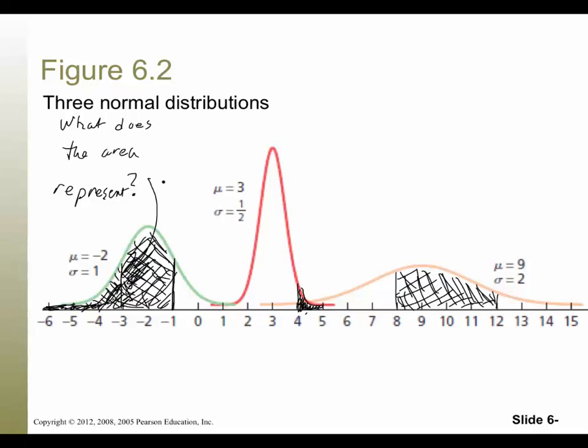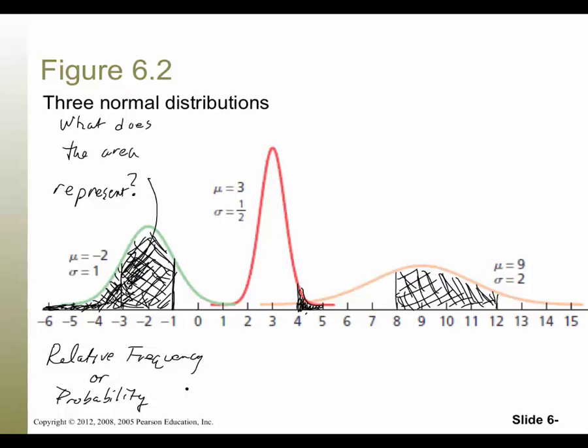So it's the relative frequency or probability that a randomly selected item from the population has a value less than -1, whatever that area is.